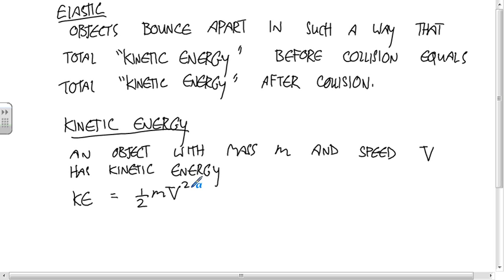So if you're trying to have an intuitive sense of what kinetic energy is, something that's big and fast has a lot of kinetic energy. Something that's small and slow has little kinetic energy. So, you know, a train has a lot of kinetic energy. A snail has not very much kinetic energy.